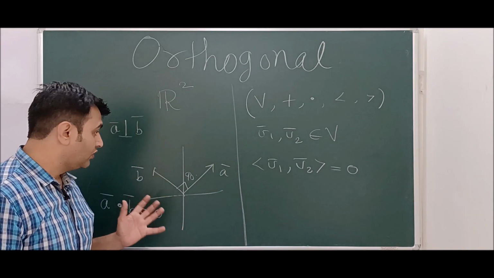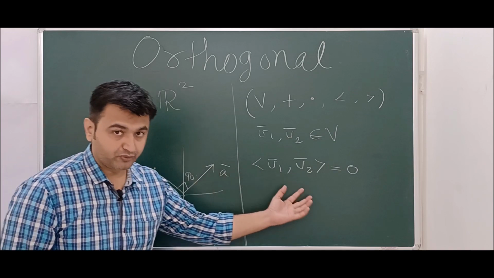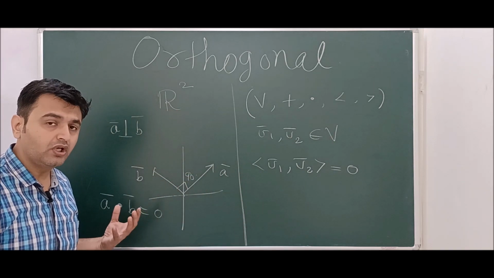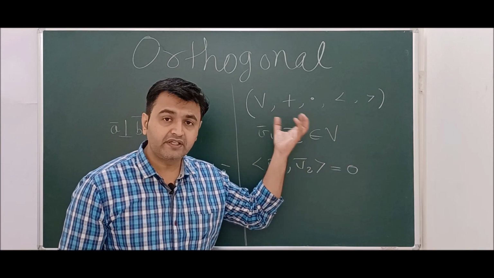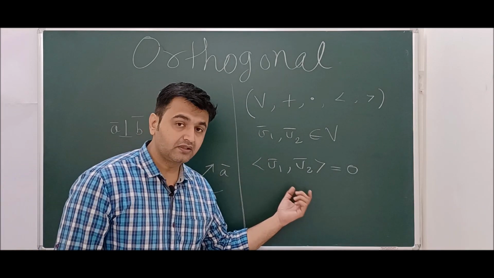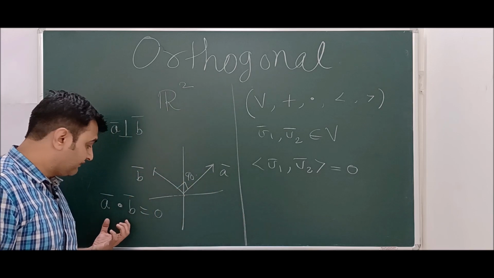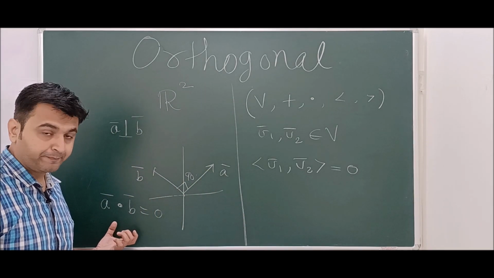Okay, so inner product is nothing but a generalization of dot product. So when you are in Euclidean space, we talk about dot product. When we are in arbitrary vector space, the notion of dot product gets replaced by the notion of inner product. That's one thing. And here when it is 0, we say that the vectors are perpendicular.